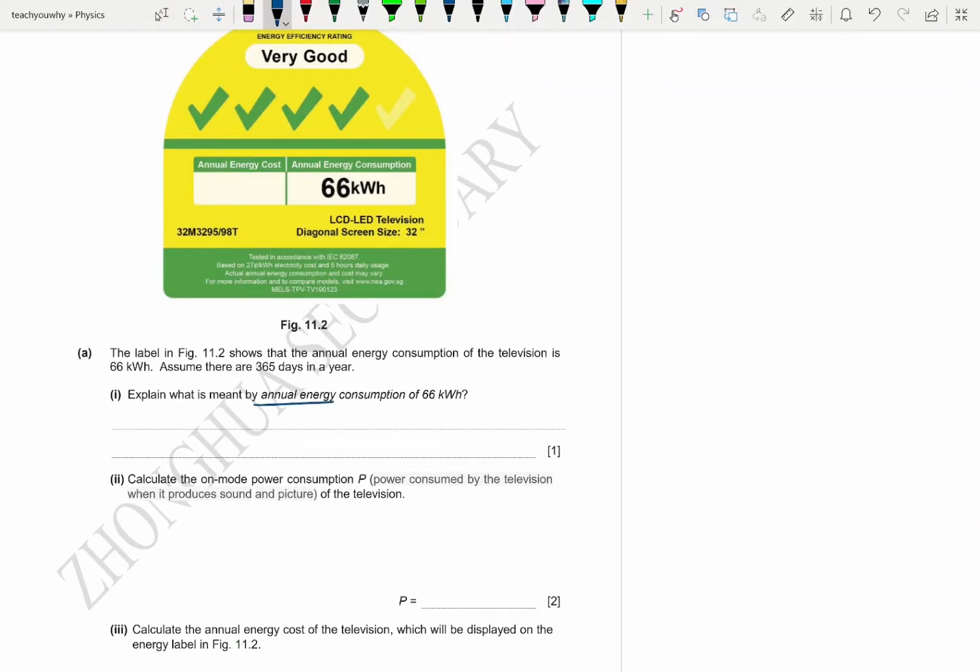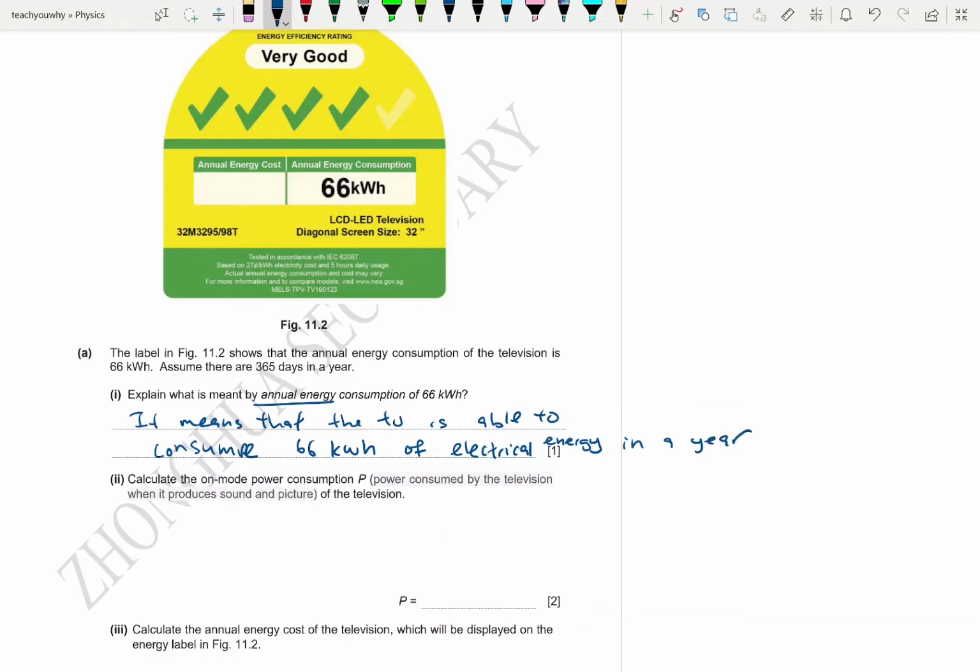Okay, annual means that the TV is able to consume 66 kilowatt hours of electrical energy in a year.